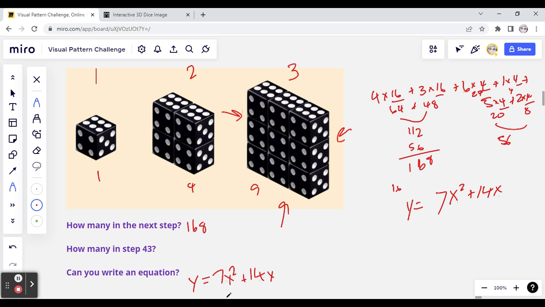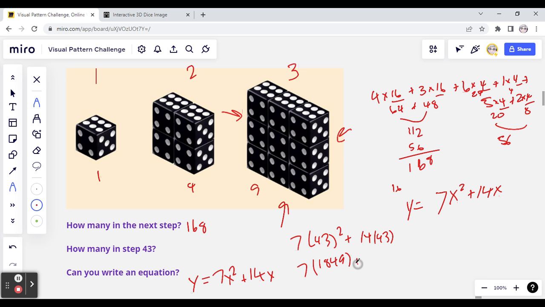And so when we plug in step 43, this is a little simpler than doing all that multiplication and addition, although I still think I'm going to use my calculator. So we're going to have 7 times 43 squared plus 14 times 43. And 43 squared is 1849.